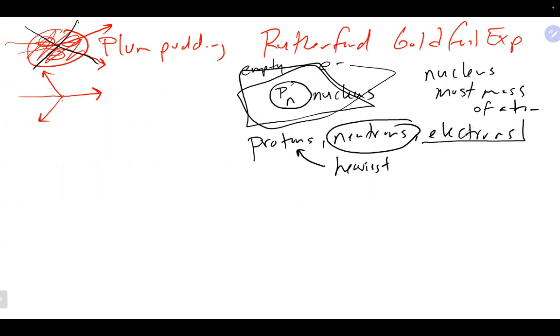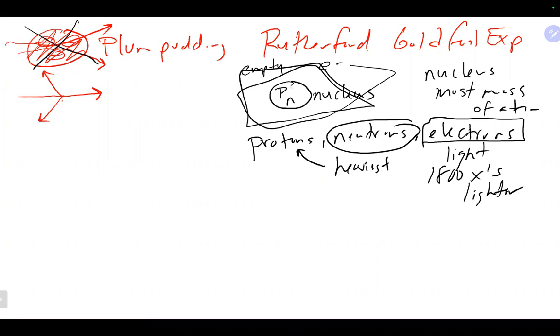The electrons are really light compared to the other two, about 1,800 times lighter than a proton or a neutron.